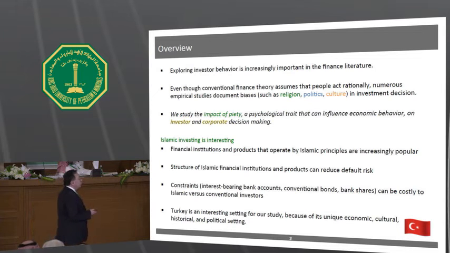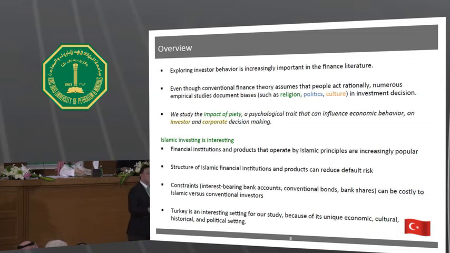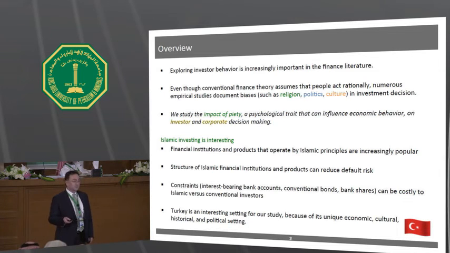Now, another reason why we have to look at Islamic investing is not only the market size, but also, as Frank mentioned yesterday, Islamic financial institutions are less prone to systemic risk. Therefore, it might allow us to prevent the next crisis as well. Because of that, we expect to have less default risk for these companies.